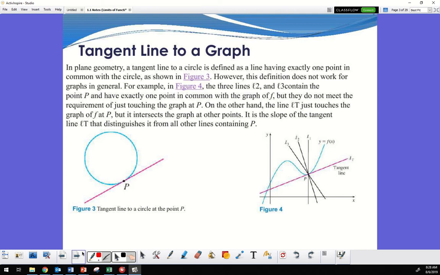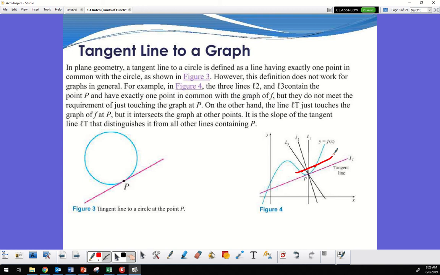On the other hand, line LT just touches the graph of f at P, but it intersects the graph at other points. It is the slope of the tangent line LT that distinguishes it from all other lines. Again, it's touching right here at only one point. If it was touching like this, with the line going through right here, that would be called a secant line.